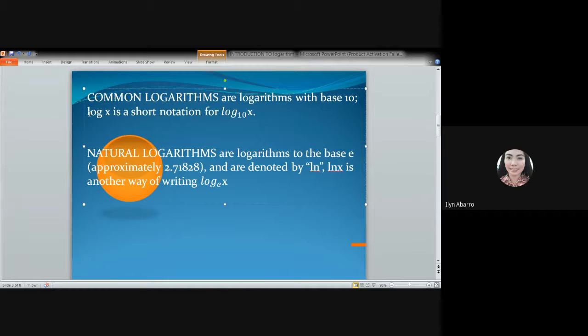So, when written like this, it is understood that it is in base 10. Okay? So, those are common logarithms.